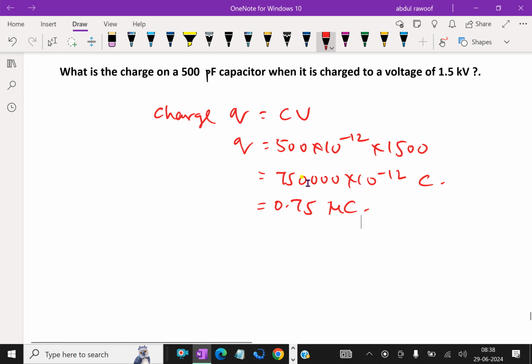That means if you multiply by 10 power 6, this becomes microcoulomb, then 10 power 6 minus 6, and after moving the point, it becomes 0.75 microcoulomb.